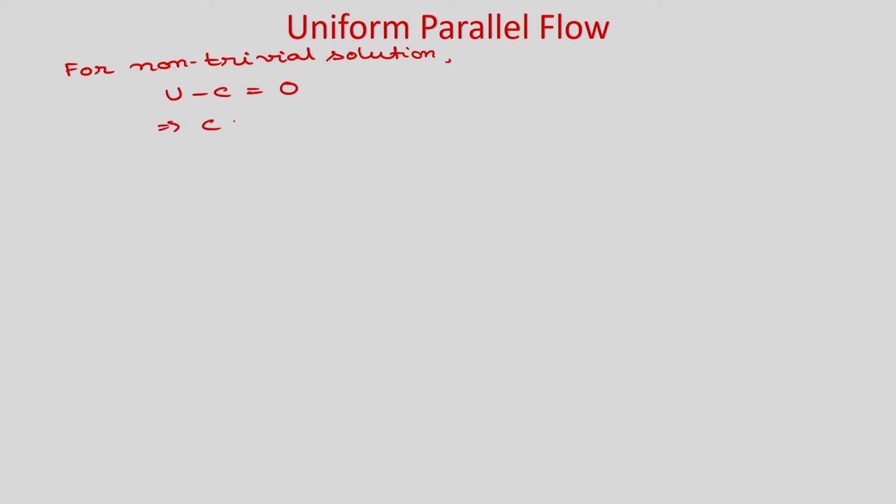So, that means c should be u, and now c we can write as Cr plus i Ci is equal to u. So, from here you can see that Cr will be u and Ci is equal to 0. So, if Ci is equal to 0, it is a neutrally stable flow.